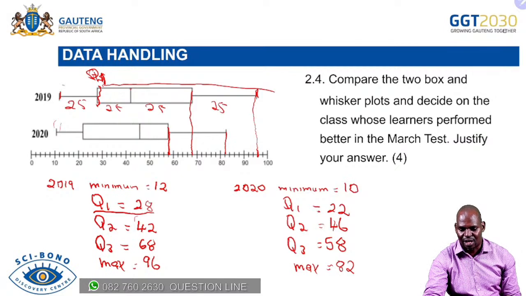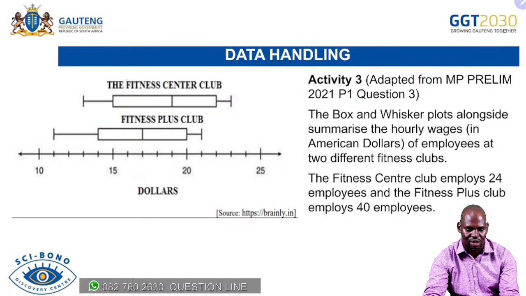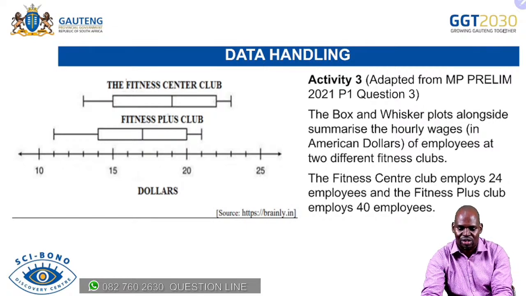The fitness center club employs 24 employees and the fitness plus club employs 40 employees. So you can see each box and whisker plot with the name, the fitness center club and the fitness plus club. They sound more or less the same, but they are not actually the same. So this is the information that is given.